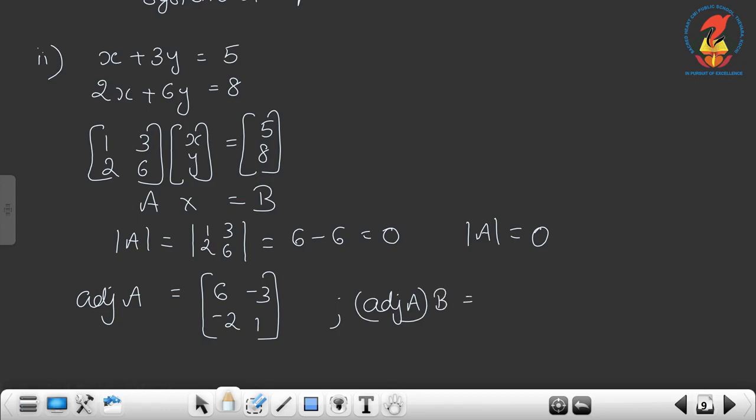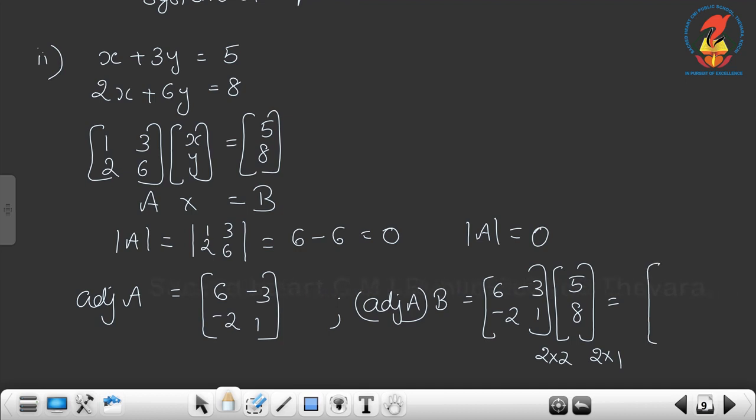Adjoint of A into B, that is 6, minus 3, minus 2, 1 into column matrix 5, 8. The order of the first matrix is 2 by 2, second is 2 by 1. So the answer will be a 2 by 1 matrix, that is a column matrix.